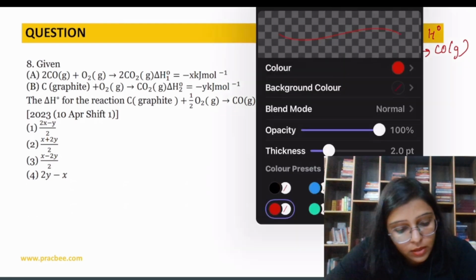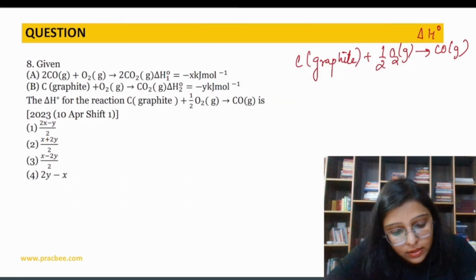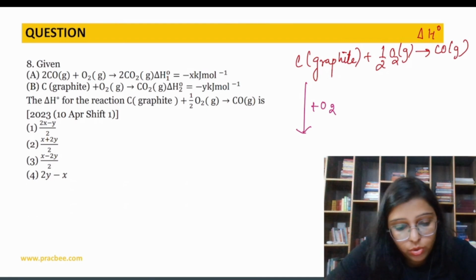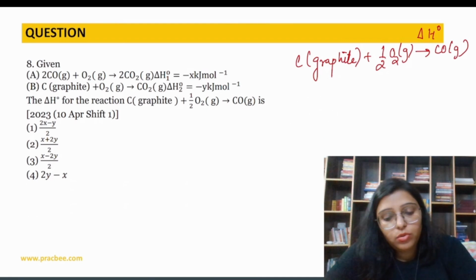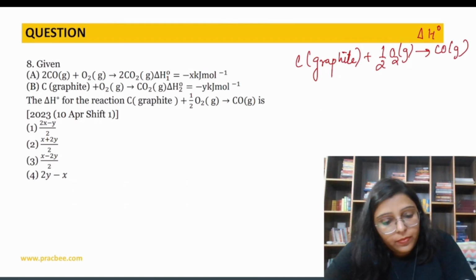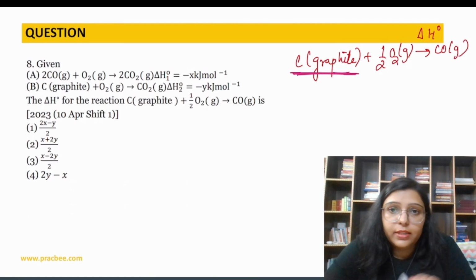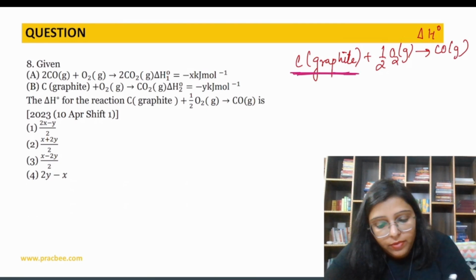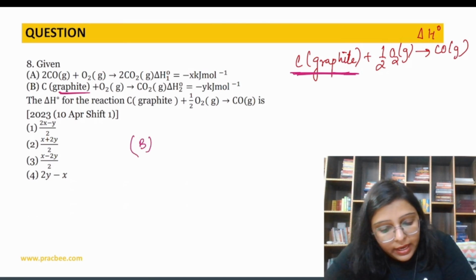So see, C graphite plus O2, right? See how to solve this. We need graphite on the left hand side. So if we see reaction number B, graphite is on the left hand side, right?